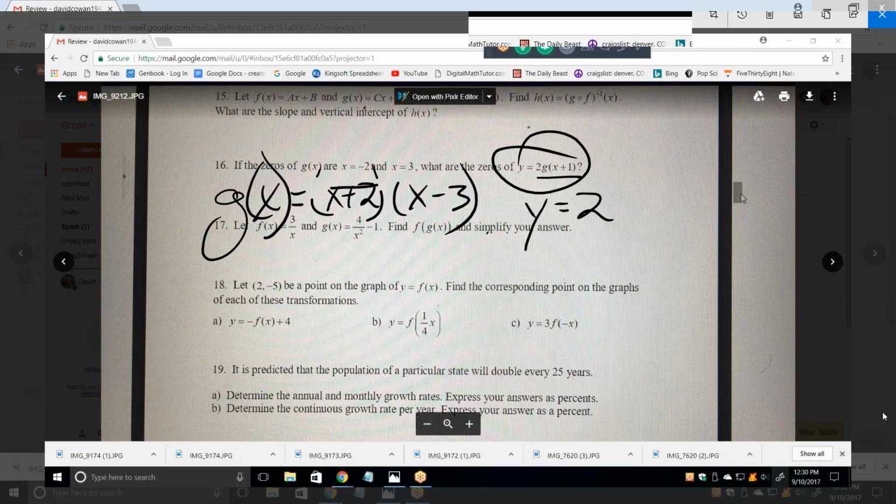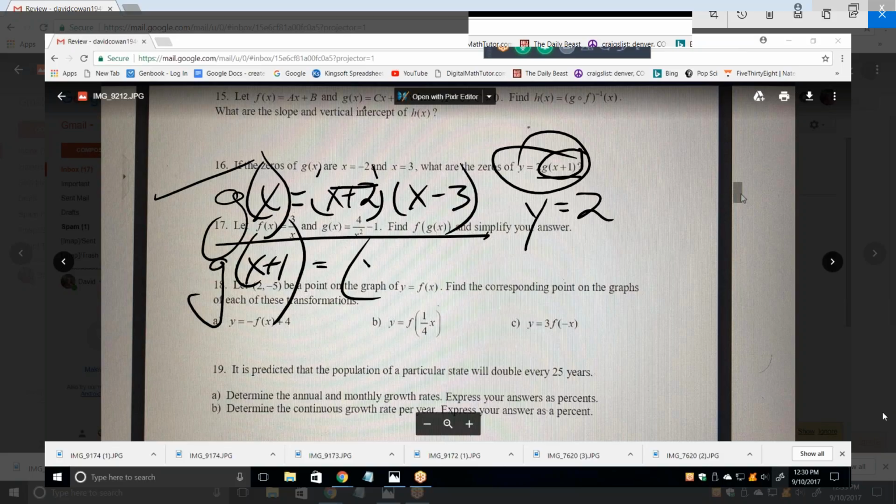Well, if this is g of x, what's g of x plus 1? Why is it g of x plus 1? Oh, I see. Because that's what that says. That's what we need to figure out, is what is g of x plus 1? Well, we figured out what g of x was. So what's g of x plus 1?